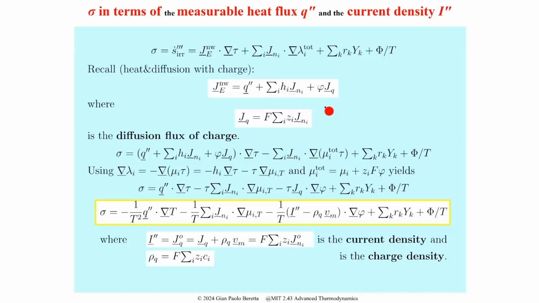So this is a diffusion flux of charge. And in fact, the total current density you may denote with I double prime, and it is the flux of charge with respect to the laboratory frame. So it's the flux with a 0 on top, made up of the diffusive plus the convective term. And rho Q is the local density of charges.